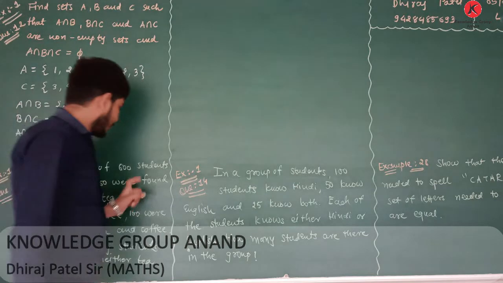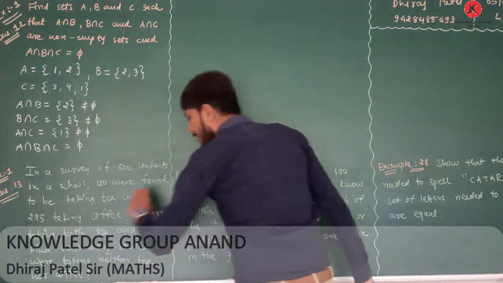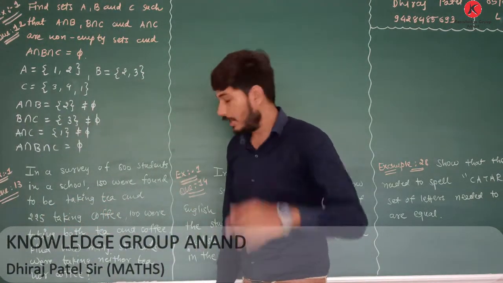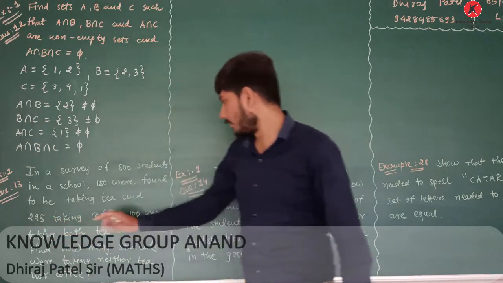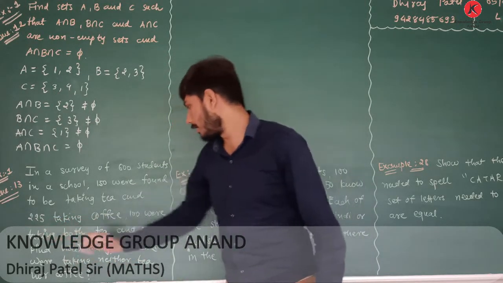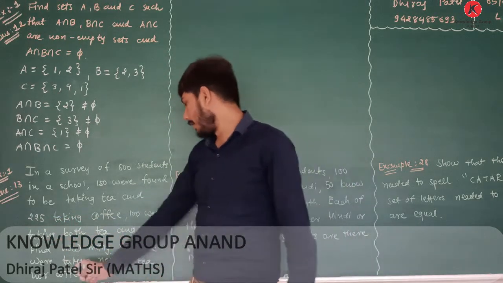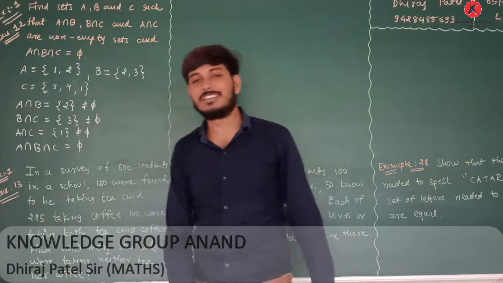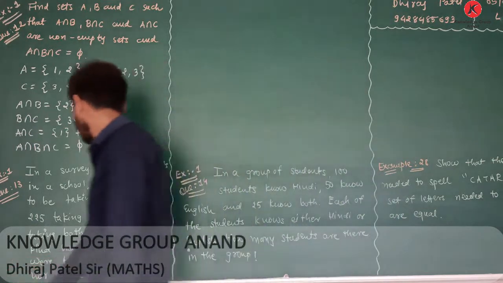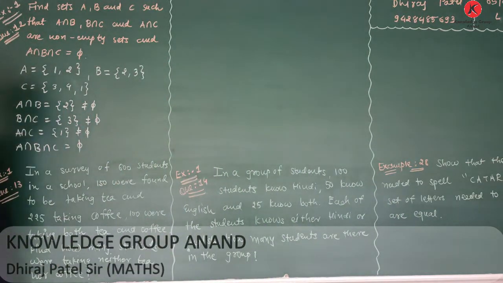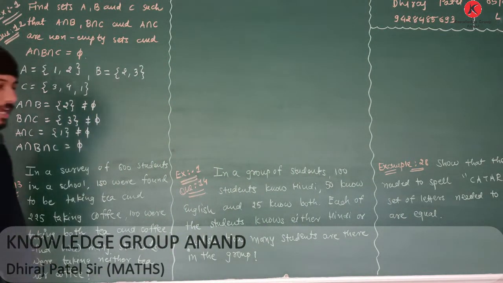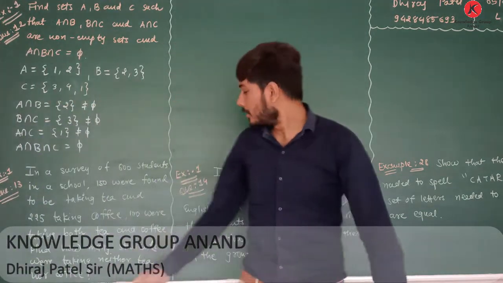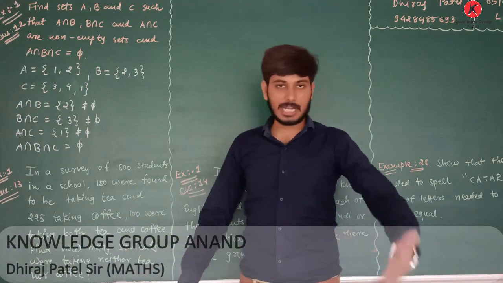In a school 150 were found to be taking tea, 150 જણા ટી લેશે, and 225 taking coffee, 100 were taking both tea and coffee. Find how many students were taking neither tea nor coffee. Neither tea nor coffee એટલે તમને એ જ ક્લિયર થઈ જશે કે 600 એ યુનિવર્સલ સેટ ના એલિમેન્ટ્સ છે, A યુનિયન B ના નથી.